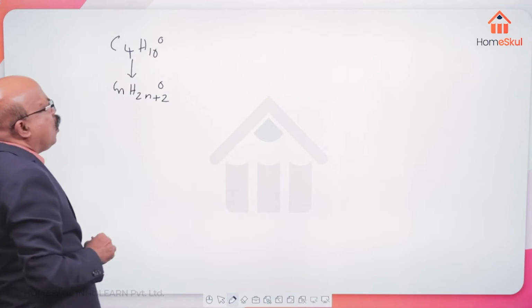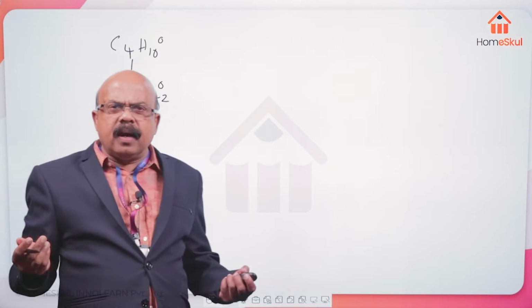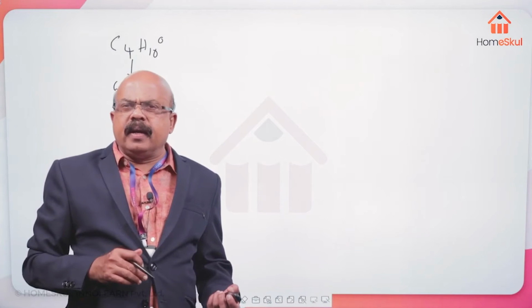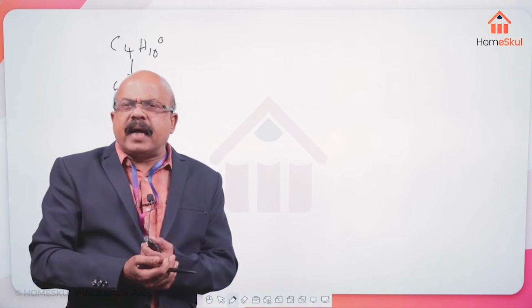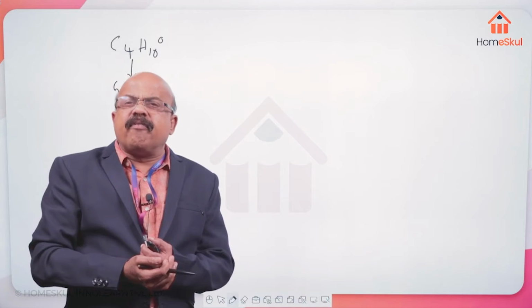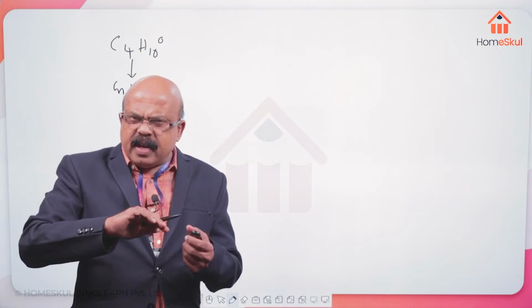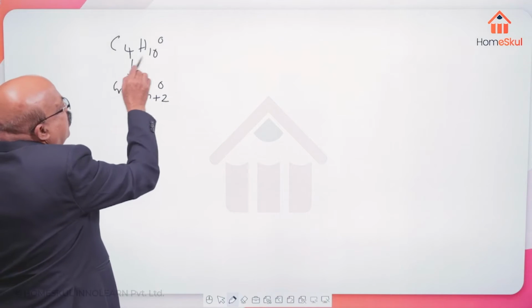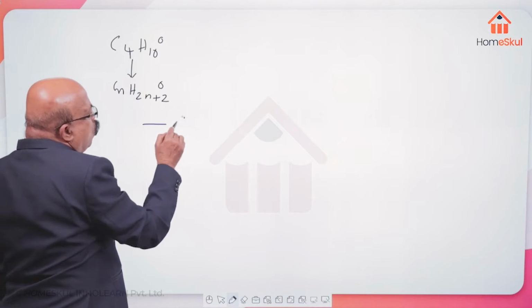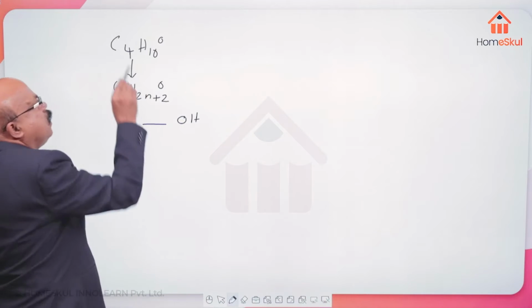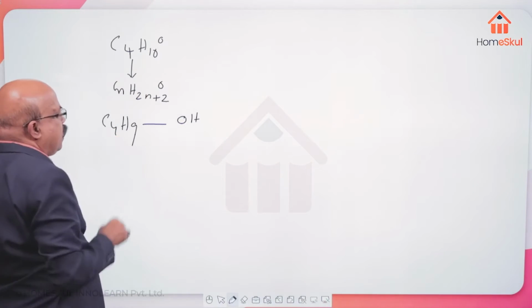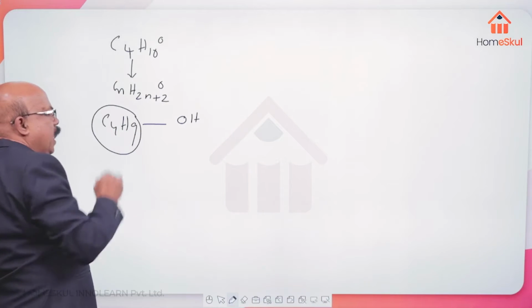Different alcohols undergo reaction with the Lucas reagent at different time intervals. It is an alcohol, which means it has an OH group. The remaining part is C4H9, which is a butyl group.